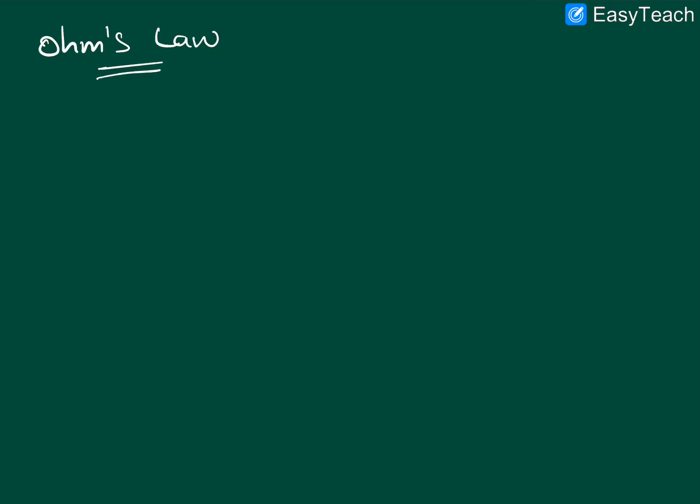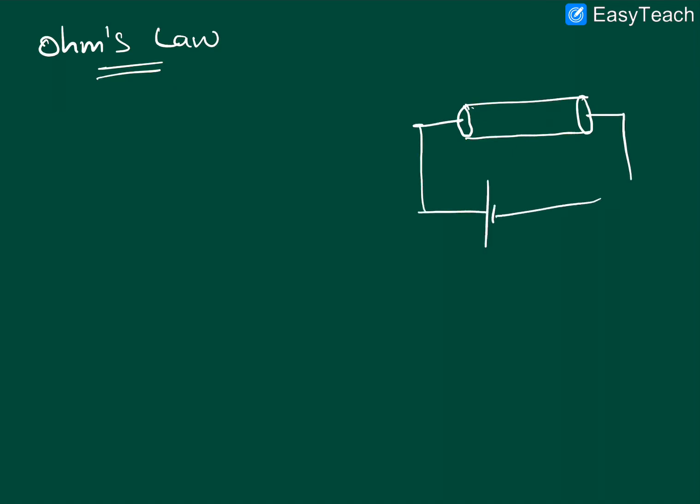So in the last lecture, I told you that if you consider a conductor and apply a battery to it, this is your conductor and this is the battery. This side will be positive and this side will be negative. Then charges will move in one particular direction.